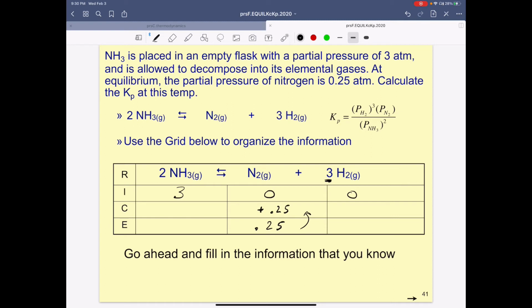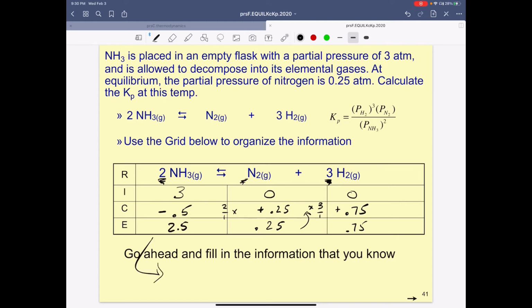And then, because of the 3-to-1 ratio between nitrogen and hydrogen, this must be 0.75 at equilibrium. And now, because we have a 2-to-1 ratio, we can multiply by 2 over 1 and realize that we must be losing 0.5, which allows us to finish with 2.5.